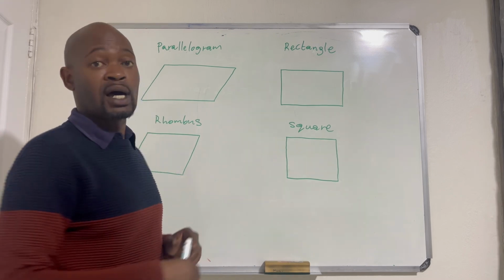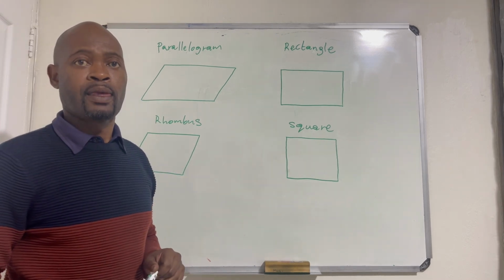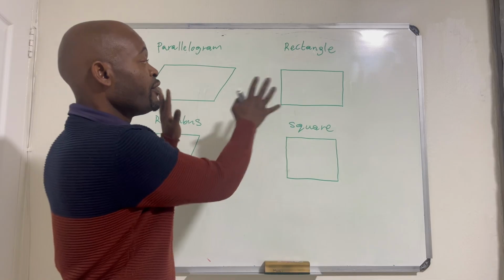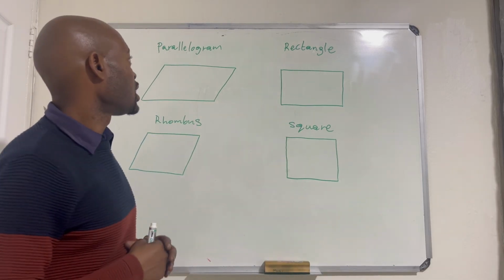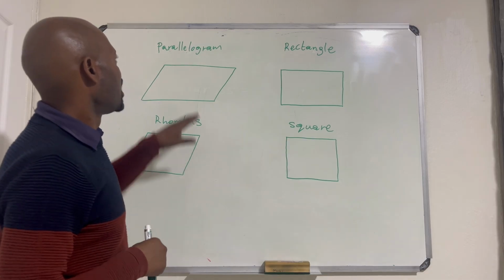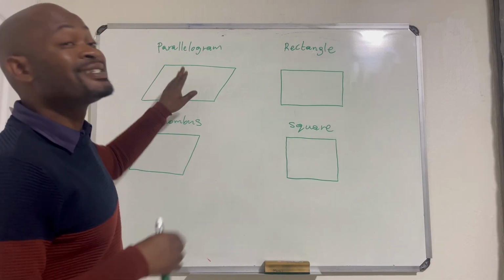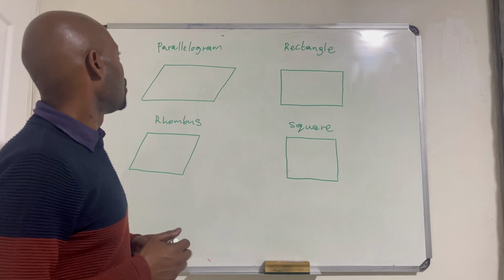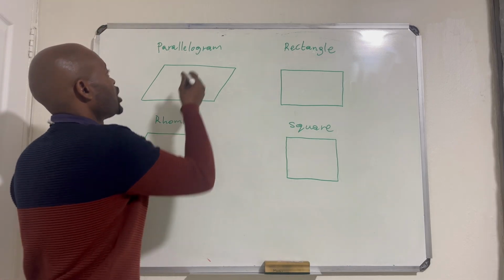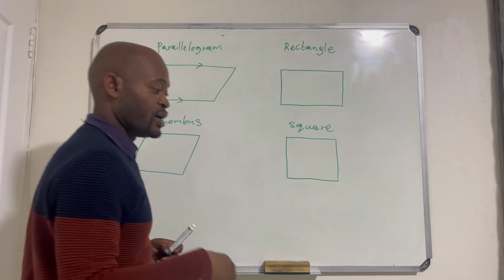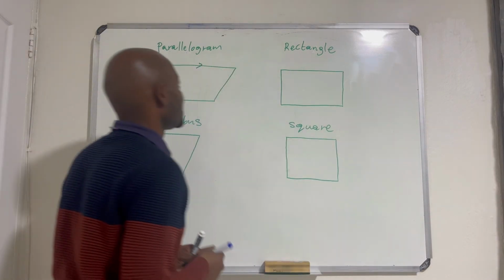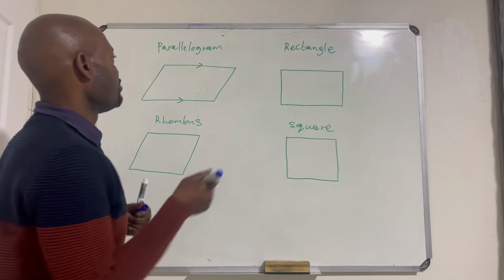All these are quadrilaterals, but not only these; we are still going to talk about other quadrilaterals. Now, a parallelogram is a quadrilateral with opposite sides which are parallel. So we are talking about the properties of a parallelogram.